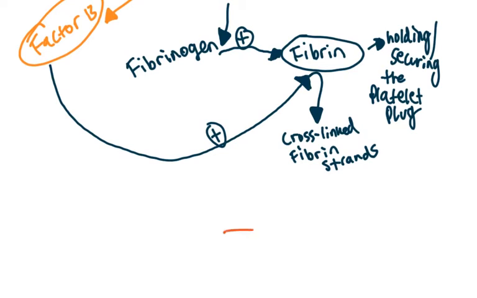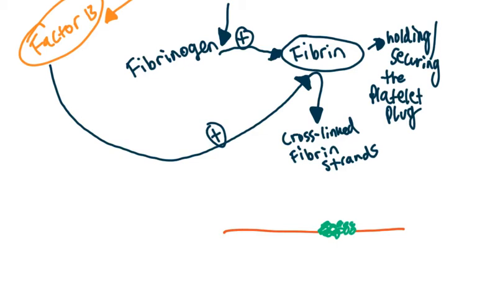All right, and then these cross-linked fibrin strands, which is what we needed, will then go to the platelet plug. So let's say the platelet plug is right here. I'll save time and not draw the endothelial cells, but there are many platelets here blocking the site of injury, so blood doesn't leak out into the interstitial space.